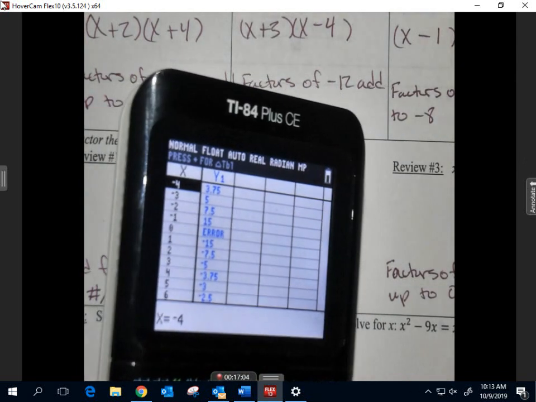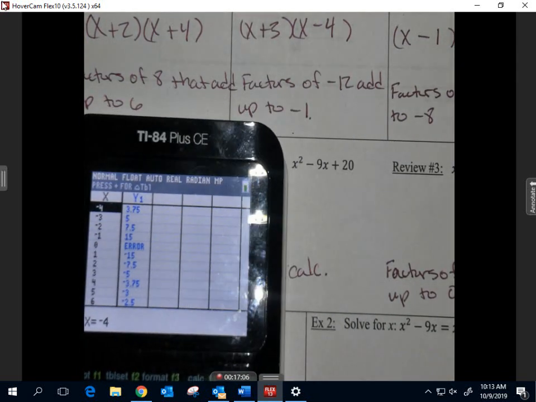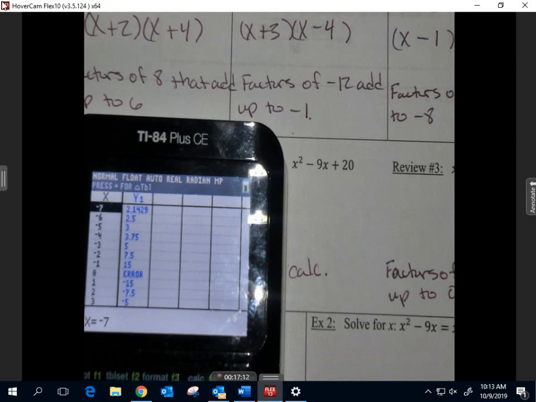So we're looking for the two factors that add to a positive 2. Negative 5 and 3 gives me negative 2. Negative 3 and positive 5 give me positive 2. So I found my factors, didn't I? Do y'all like that on the calculator?